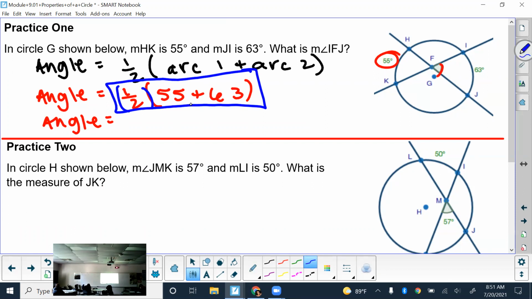Are you looking at maybe the problem before this one? I got 59. That's good. All right, 1/2 parentheses 55 to 63. That makes this missing angle 59 degrees. All right, good. Any questions there?